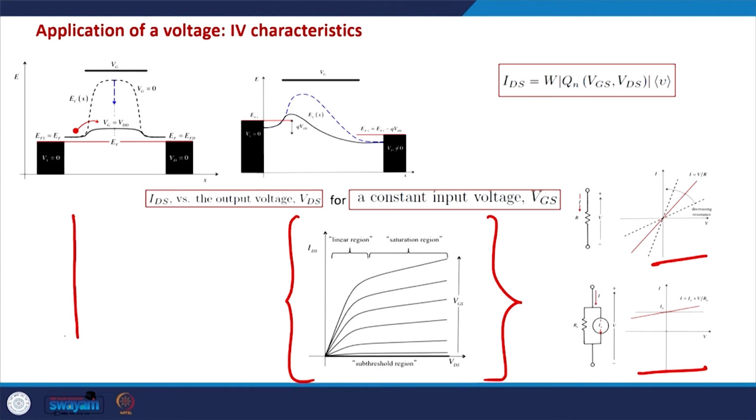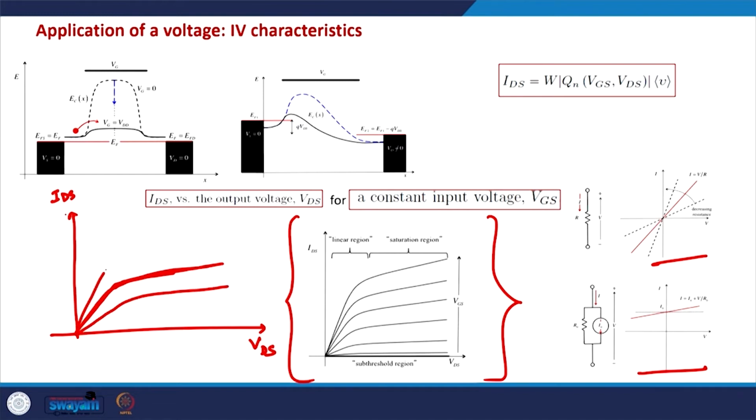If we have IDS on the Y axis and VDS on the X axis, it will be a typical IDS VDS characteristics for a certain VG. For small VDS values, it will be a linear one, and as soon as the IDS becomes large, it behaves as if like a current source this way. So, for different VGS values, this will be a different plot.